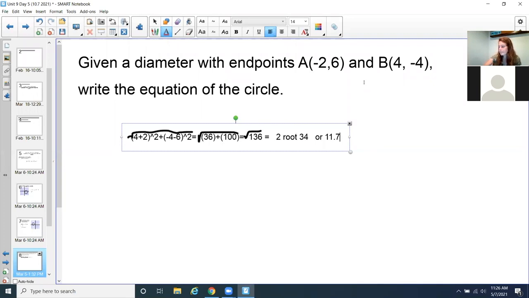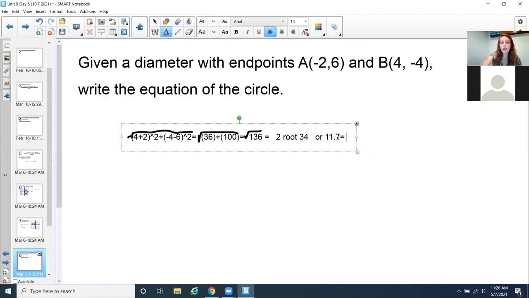Okay, so I see a lot of people are saying 2 root 34, which would be 11.7. So that's our diameter. Then we want to cut that in half to get our radius.